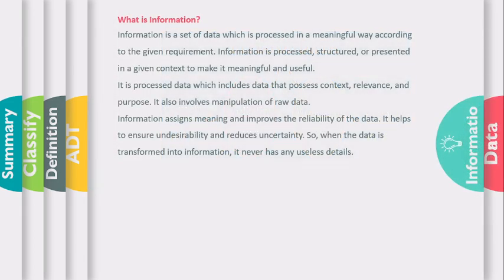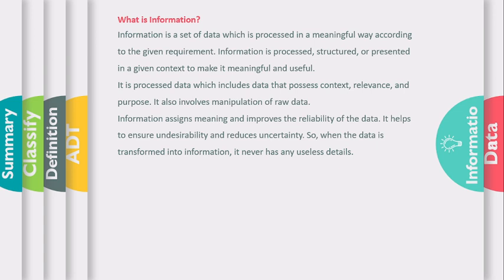Next, what is information? Information is a set of data which is processed in a meaningful way according to a given requirement. Information is processed, structured, or presented in a given context to make it meaningful and useful. It is processed data which includes data that possesses context, relevance, and purpose. It also involves manipulation of raw data.